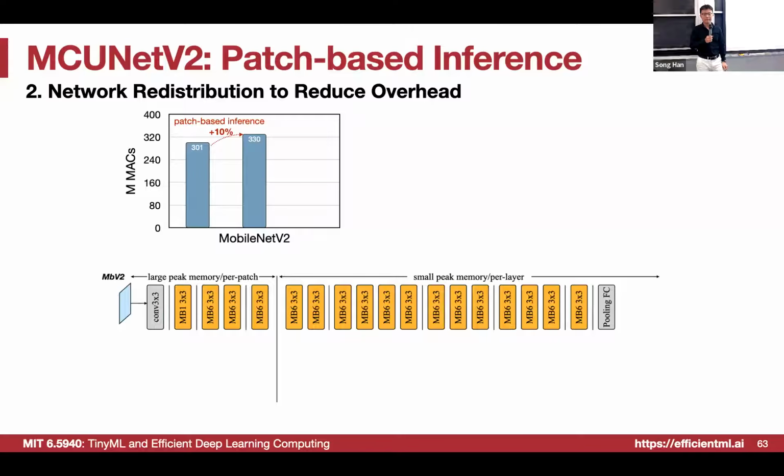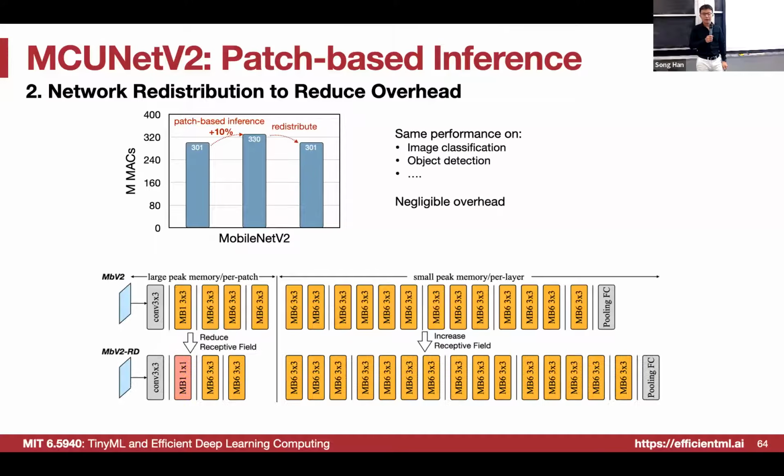And what do we do here? We want to reduce the receptive field in the first couple of stages when we are doing patch-based inference, and increase the receptive field in the later stages when we are doing the layer by layer inference. For the patch by patch inference, we reduce the receptive field. For layer by layer inference, we increase the receptive field.